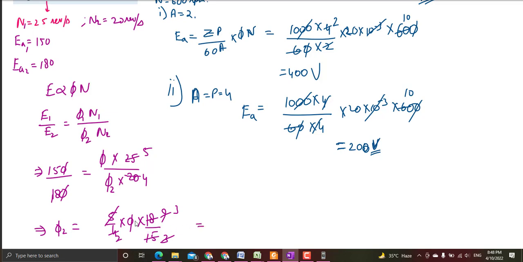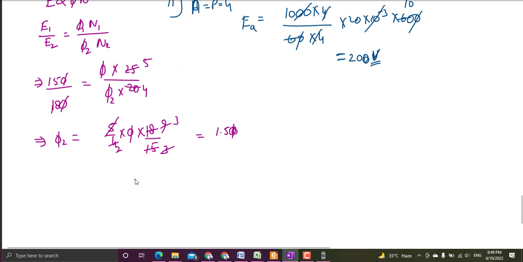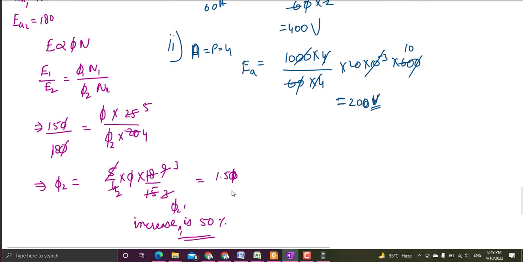So here you can see it is coming to be 3 by 2, which means 1.5. You can see phi 2 has increased by 50%. So the increase in phi 2 is 50%. So we have solved all the questions here.